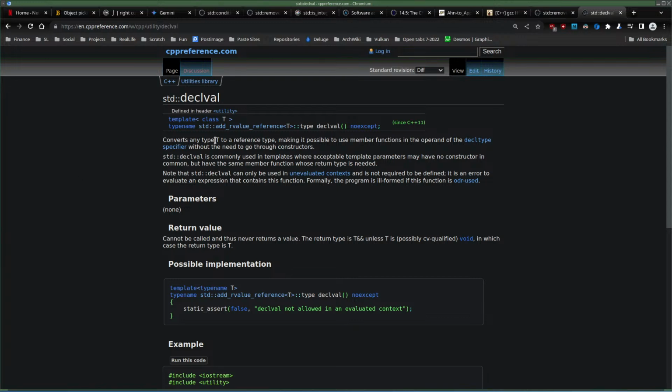Converts a type T to a reference type, making it possible to use member functions in the operand of the declaration type specifier without the need to go through constructors. The standard declval is commonly used in templates where acceptable template parameters may have no constructors in common, but have the same member function whose return type is needed.